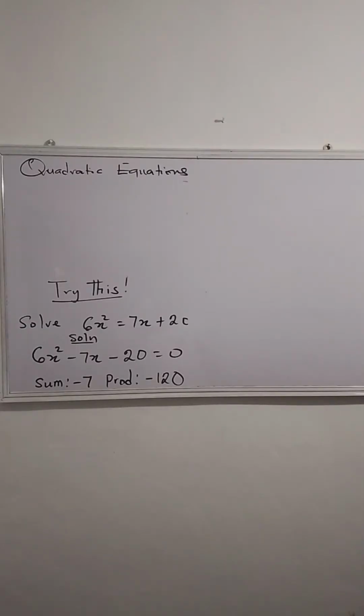Okay, so Ajayi, I can see plus 8 and minus 15. I can see another Ajayi, 8 and minus 15. Okay. Yes, show me the 8 and minus 15.